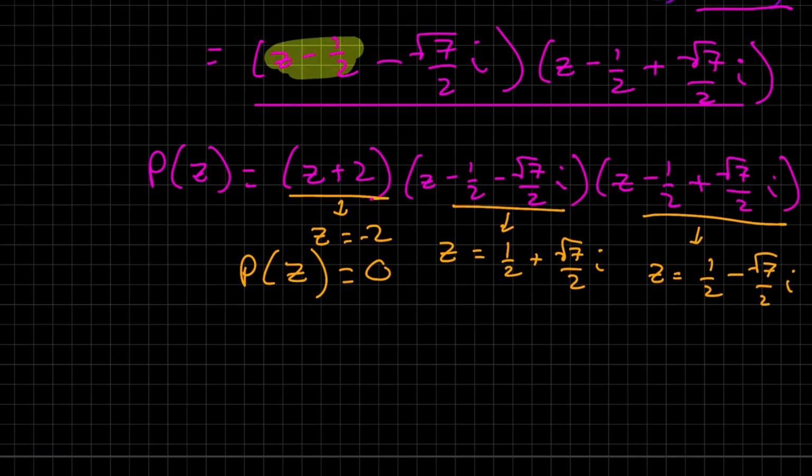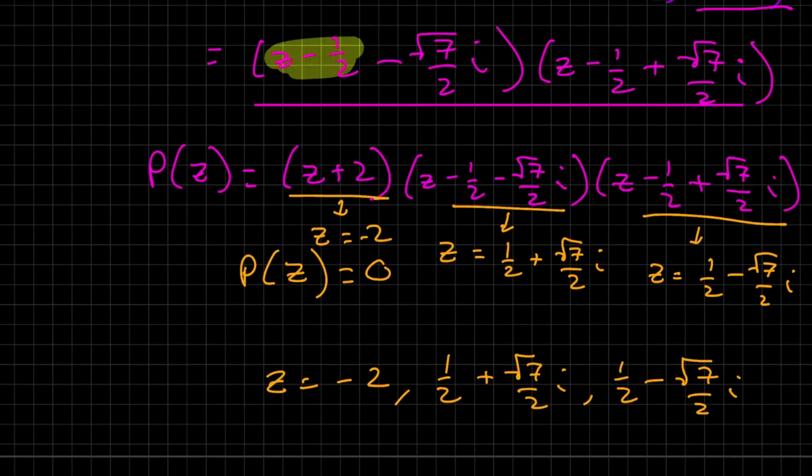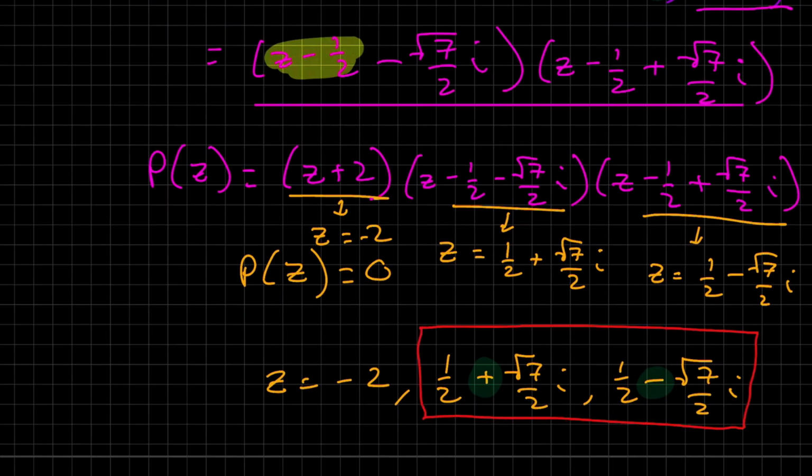So our three solutions for p of z would be z equals negative 2, a half plus square root of 7 over 2i, and a half minus square root of 7 over 2i. Now note over here that these two solutions are actually conjugates of each other. And we will come back to using this knowledge and this trick to solve more complex polynomial equations.